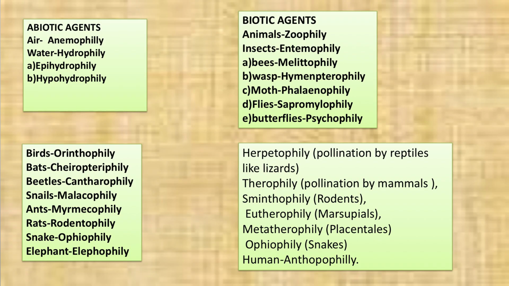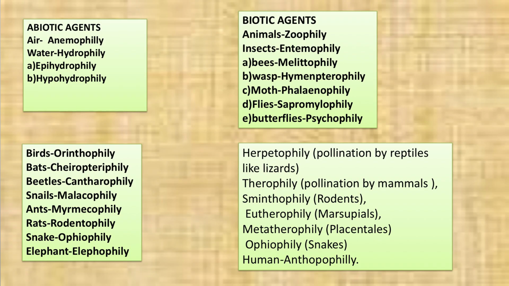And remember, 70% of the crop plants are insect pollinated by insects, and that is called entomophily. Then among insects, bees, wasps, moths, flies, and butterflies are the agents of pollination, and accordingly different names have been assigned to this kind of pollination, like melittophily, phalaenophily, sapromyophily, psychophily.